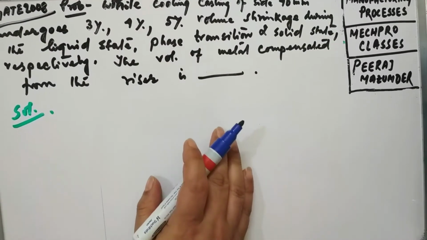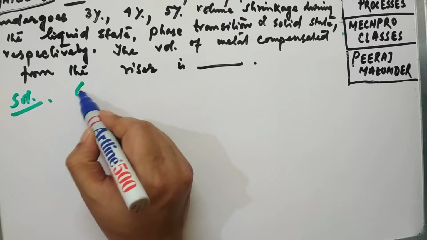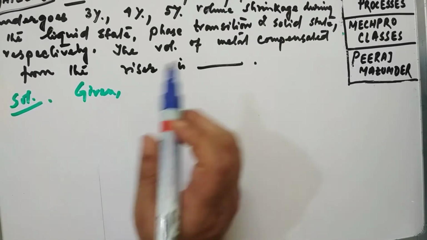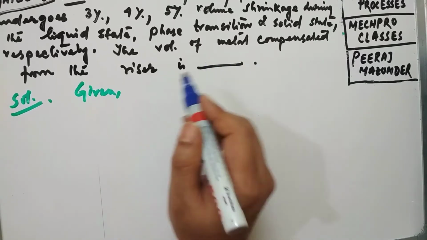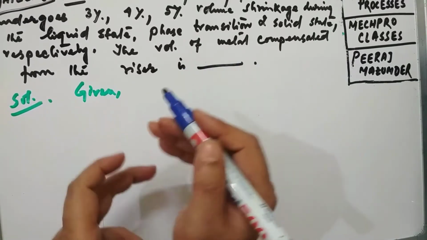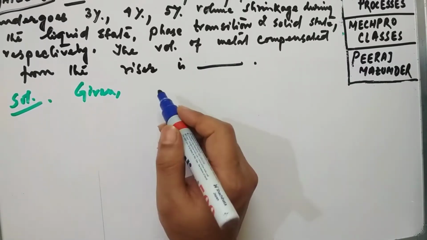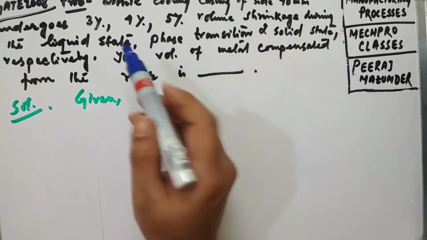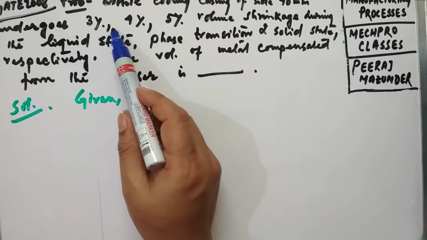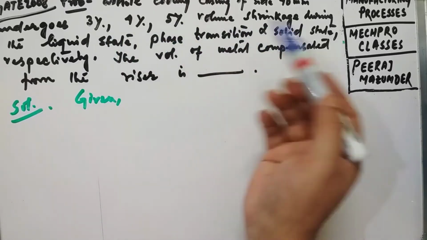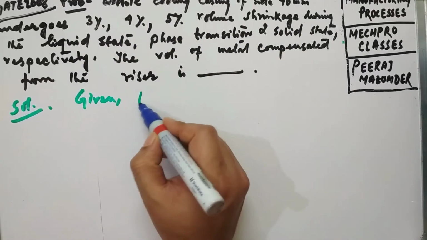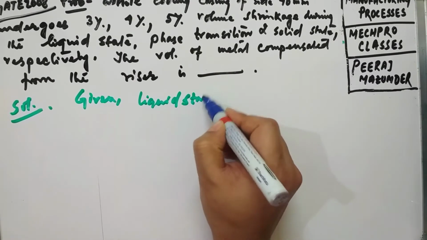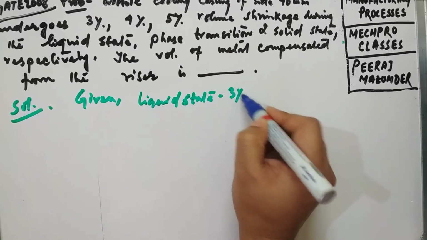I already mentioned that the first step in solving a numerical is you have to write the given data that will help you easily solve the problem. Okay, so look, it says casting of side is given, and undergoes 3%, 4%, 5% volume shrinkage. During the liquid state, the volume shrinkage is given as 3%.